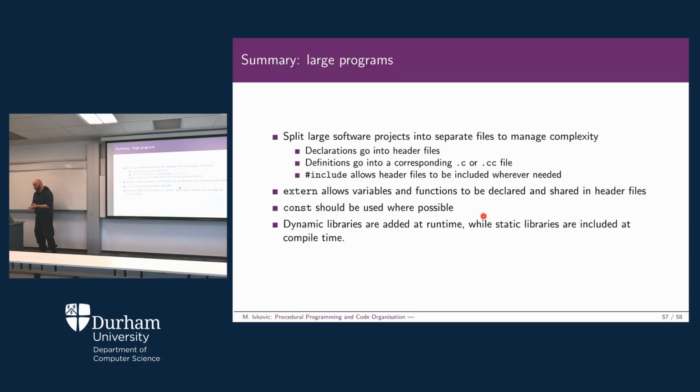We want definitions to go into corresponding .c or .cc for C++, or .cpp is also very commonly used, files. And header files are included using this include macro wherever needed. Now we also saw the extern keyword, which allows variables and functions, we can declare them and share them via these header files. We've seen the const keyword, where the good advice is use it wherever you can.